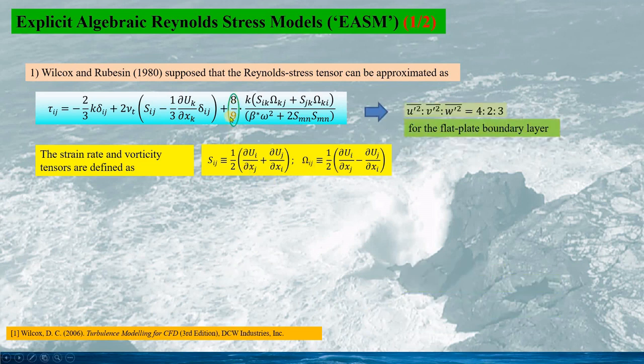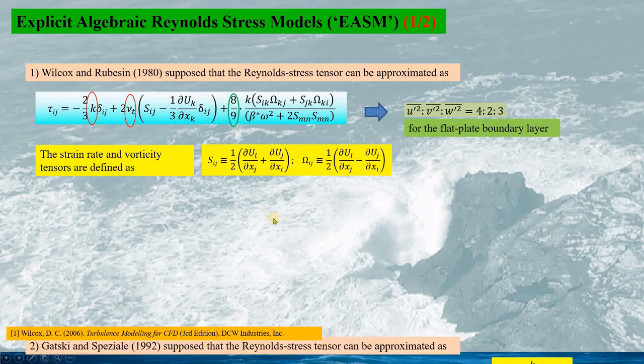And the coefficient 8/9 is used to ensure that the normal Reynolds stresses would be correct in this form for the flat plate boundary layer. However, when we use this, we must have the variables k and mu t. This means this Reynolds stress tensor must be used combined with another turbulence model.